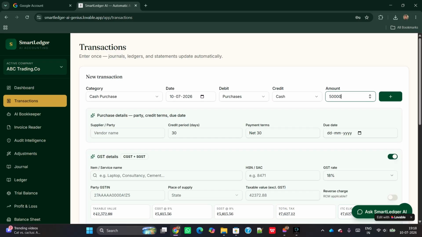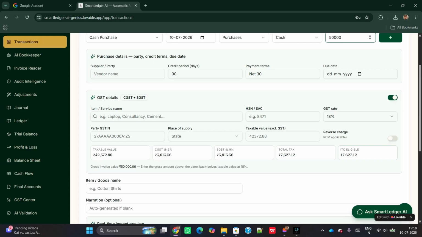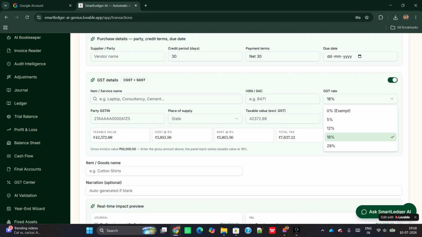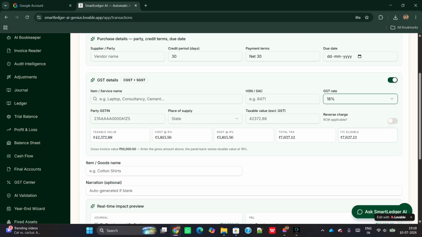Here we can add additional details like the vendor name, the credit period, the net payment terms, as well as the due dates. Also, we can add the GST which we are charged on the goods we have purchased. We can set the GST at 12%, 5%, 18%, whichever is being charged.